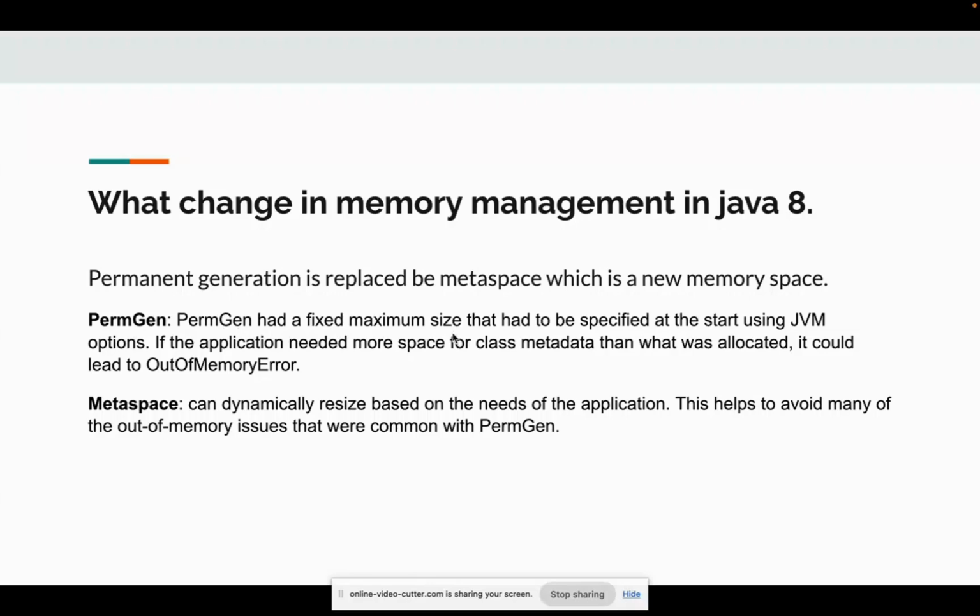If the application needed more space for class metadata than was allocated, it could lead to an out of memory error, because you need to specify the size. It's kind of like an array, right? Before using an array, we need to define the size.